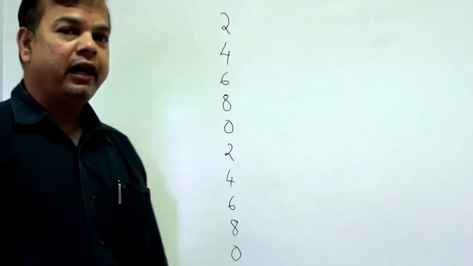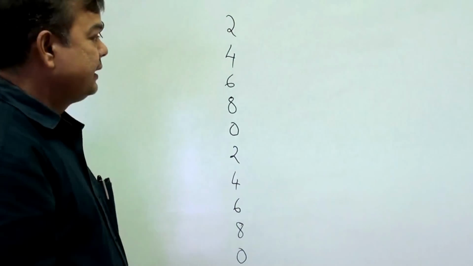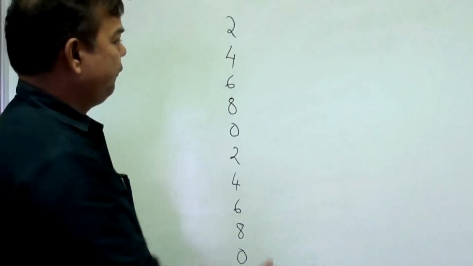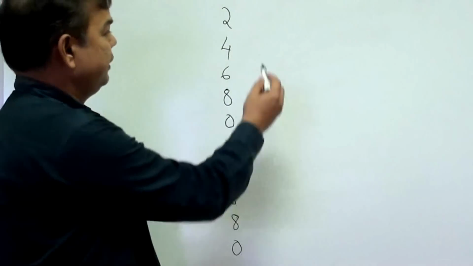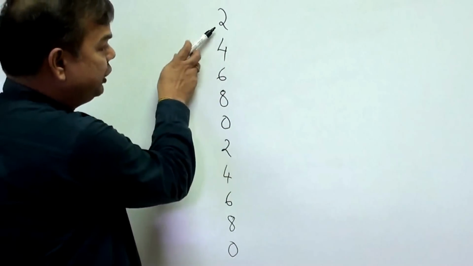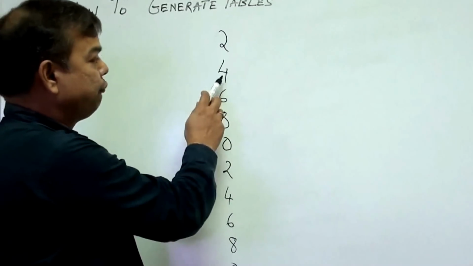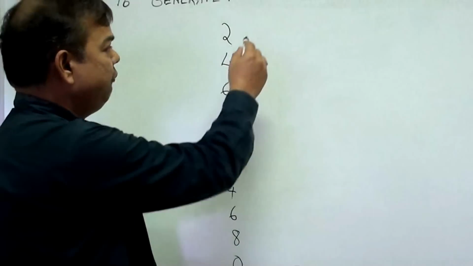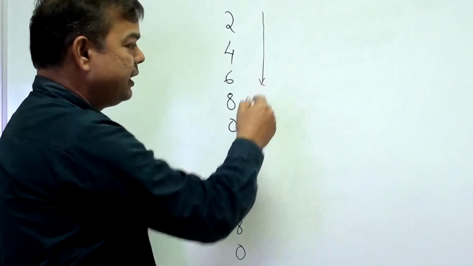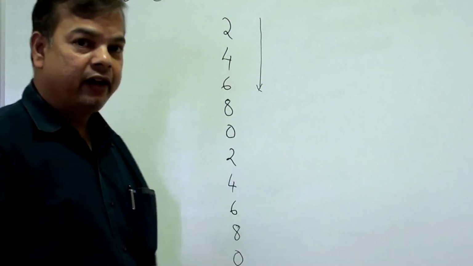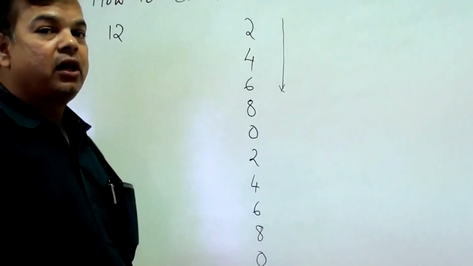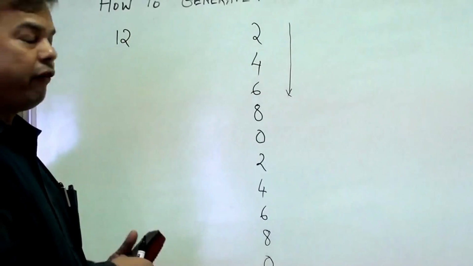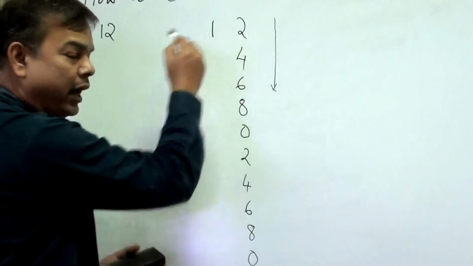So the formula is like this: just see in the unit place, if the number is increasing, for example here it is 2, here it is 4, so 4 is more than 2, here it is 6, 6 is more than 4. So if the number in the unit place is increasing, then you have to add 1 only. For example, we will start with 1.